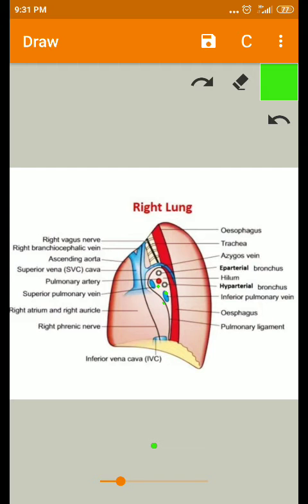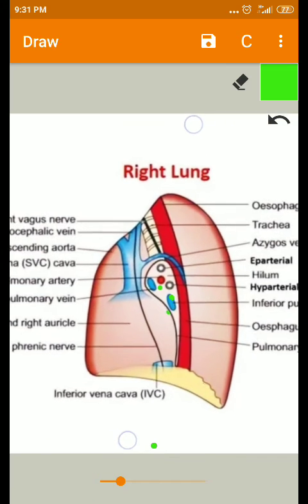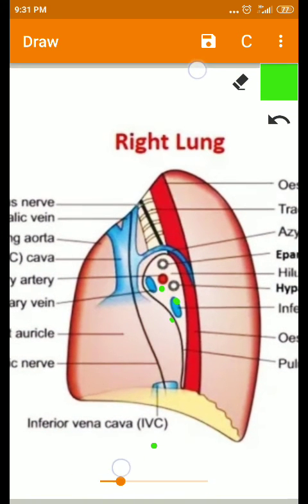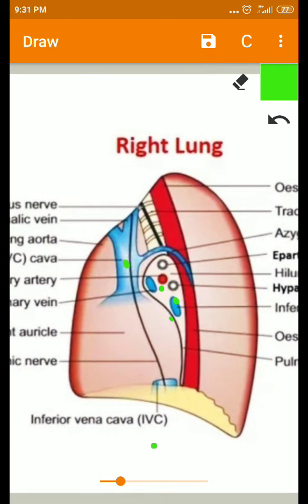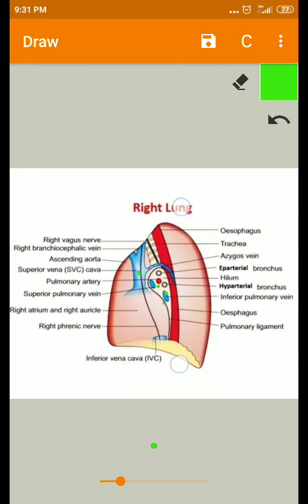Anteriorly, the first one, on the upper part, we can see the lower part of the right brachiocephalic vein. Here we can see it very clearly. Then at the lower end you will have the inferior vena cava.